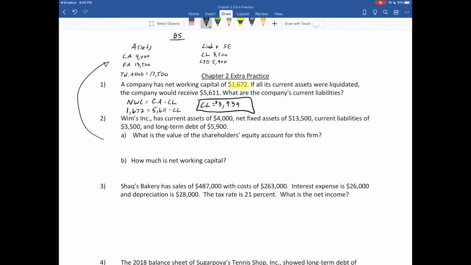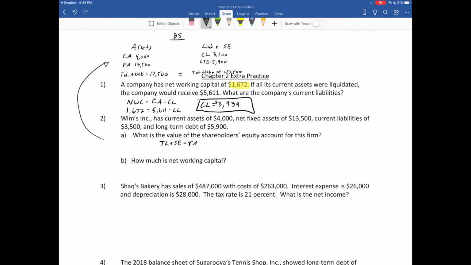So we know that total liabilities plus stockholders' equity must equal total assets based on the balance sheet identity, right? So we know that it must equal $17,500. So we can say that total liabilities and stockholders' equity must equal $17,500 based on the balance sheet identity.